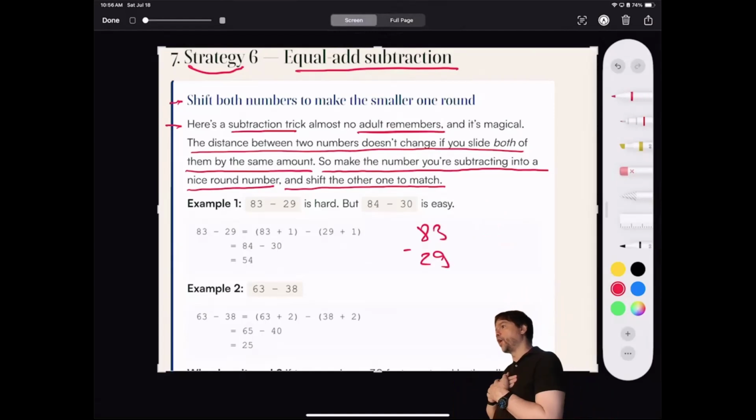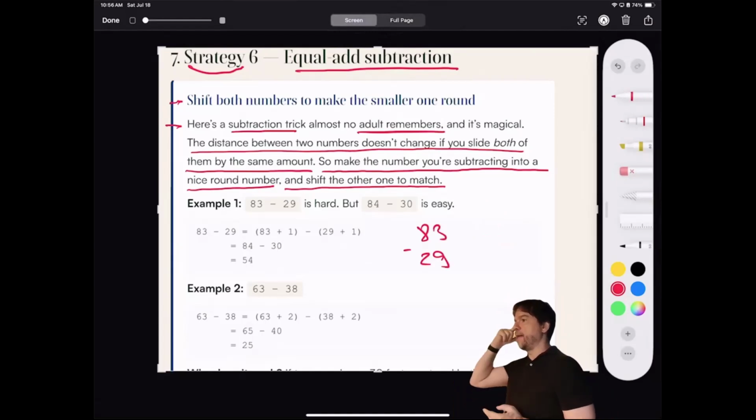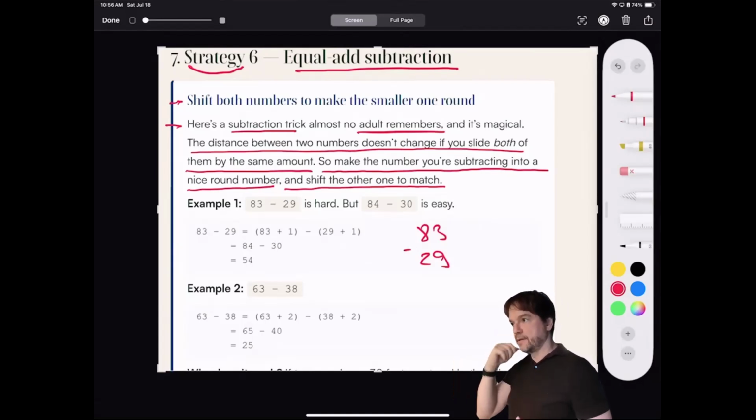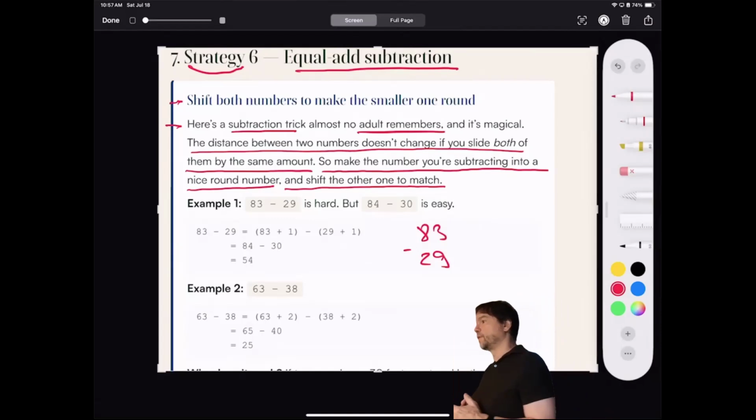How many years apart are we? 57 minus 9. Mental math: 57 minus 10 is 47, plus 1, because it's a distance. 48 years. We are 48 years apart.